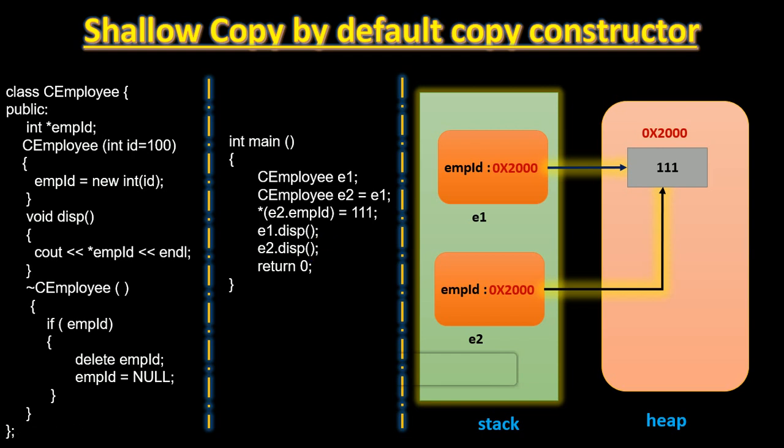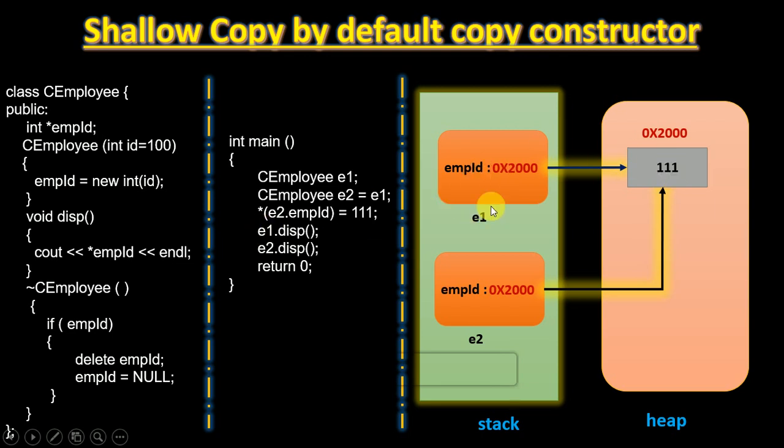Now what is happening here is, if you are trying to modify, because of shallow copy, both the source and target objects' pointer attributes are sharing the same memory location, and if you are doing any modification to any of the objects' pointer attribute, then it will reflect to the other one also.